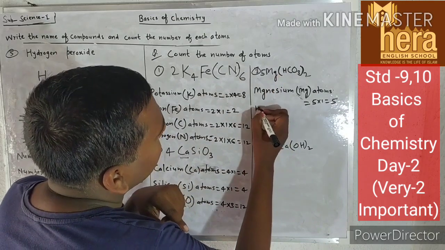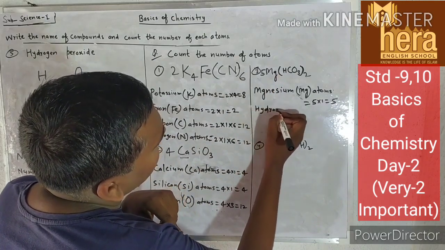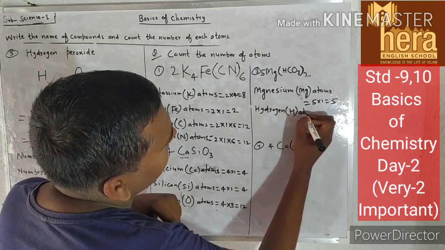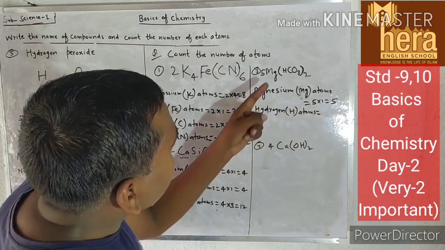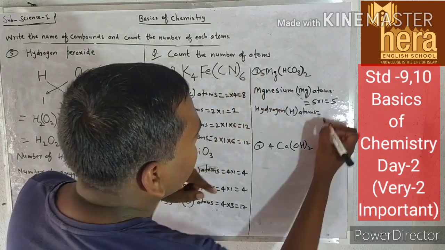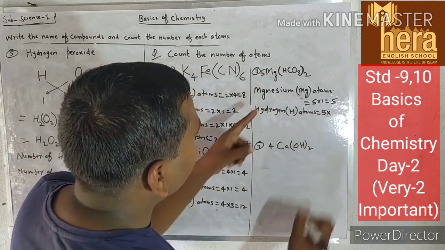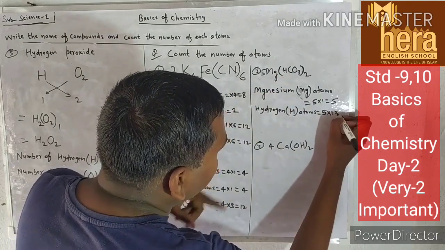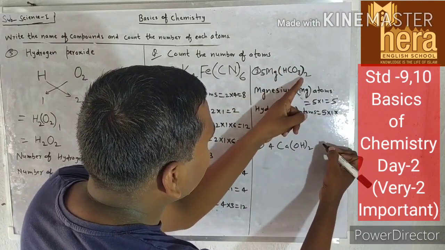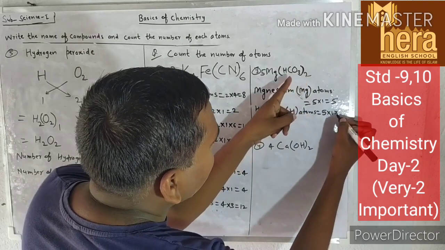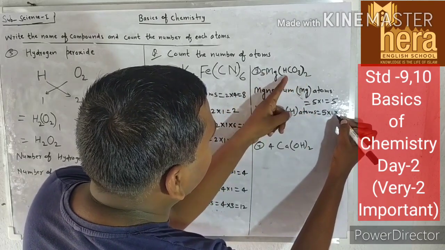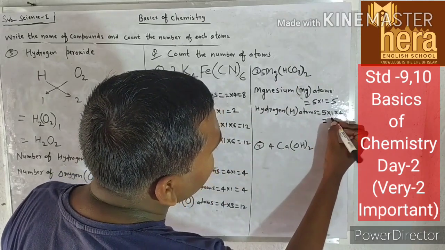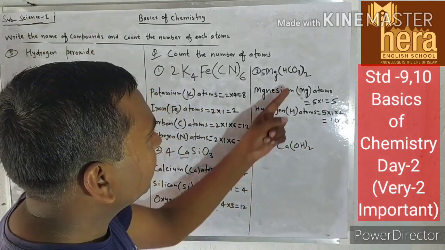Hydrogen, symbol H, atoms. See, here is 5, so write 5 into, here is 1 into, since bracket is closed here, so 5 into 1 into 2, that will be equal to 5 to the 10.